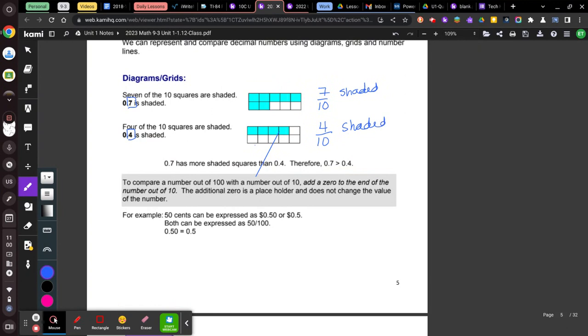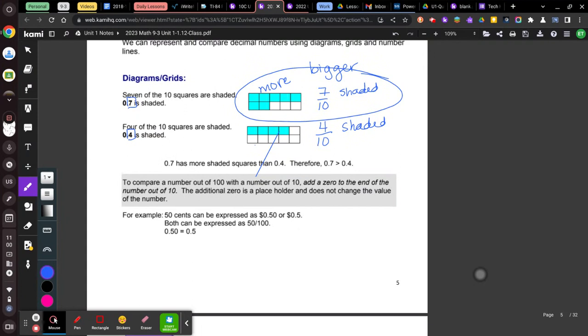Looking at the first object and the second object, this one has more squares shaded, so this one is bigger. Whichever one has the most squares shaded is going to be the larger one.